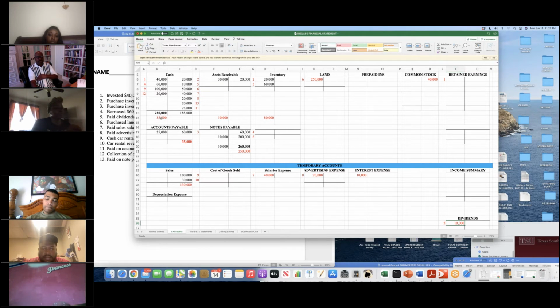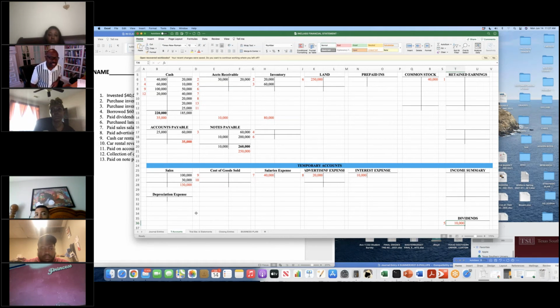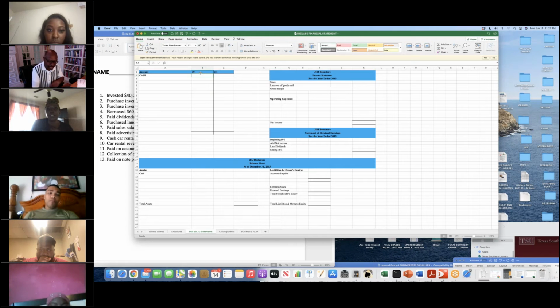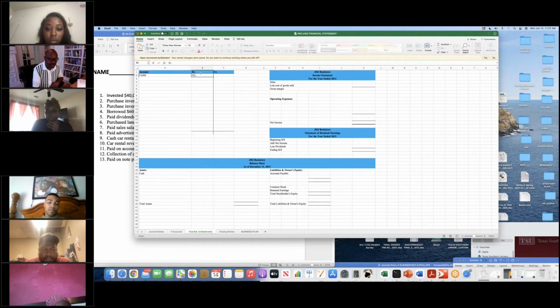So that's why I put these numbers in red. This is the number that goes on your trial balance. Do we all see that? Yes. So cash should be 35,000.